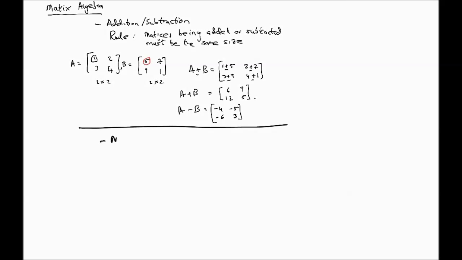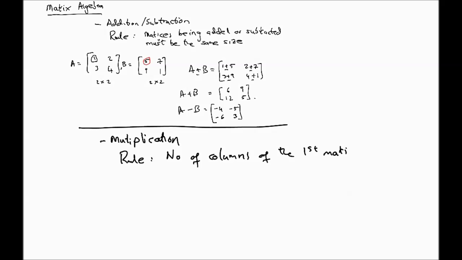So, multiplication rule. Order is very important. A times B is not necessarily the same as B times A. So you have to be careful with that. Whereas in addition and subtraction, A plus B is the same as B plus A, right?